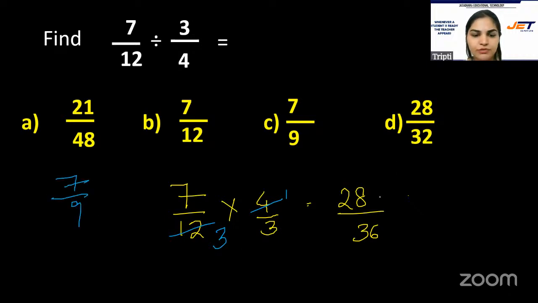If you reduce this here also, then also it will give you the same answer. Yeah, 7 by 9. All right. So that's how you do it.